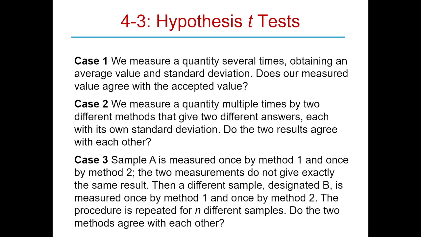So let's look at this. Case 1, we measure a quantity several times, obtaining an average value and a standard deviation. What we're looking for in case number 1 is, does our measured value agree with the accepted value? So we have an accepted value from a previous test. This is a widely accepted value, like the ones you look up for atomic masses in the periodic table, right?